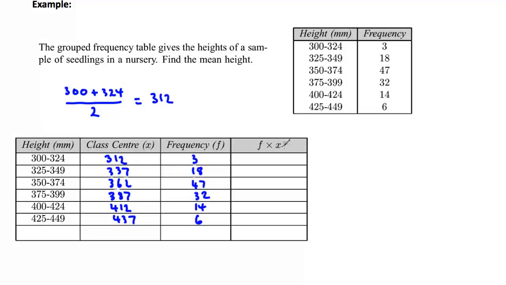And as usual, we multiply these together. Once we've got the class center, it's as if that was the score that has occurred. So we multiply them together and we get some quite large numbers here. So that's 936, 6,066, 17,000. So you can see you would have to put this into a table rather than try and enter every single score.